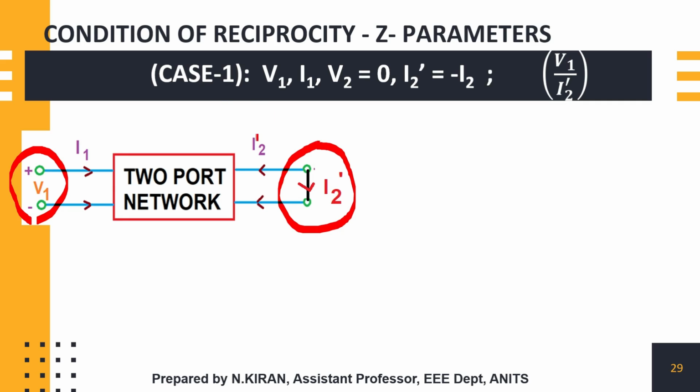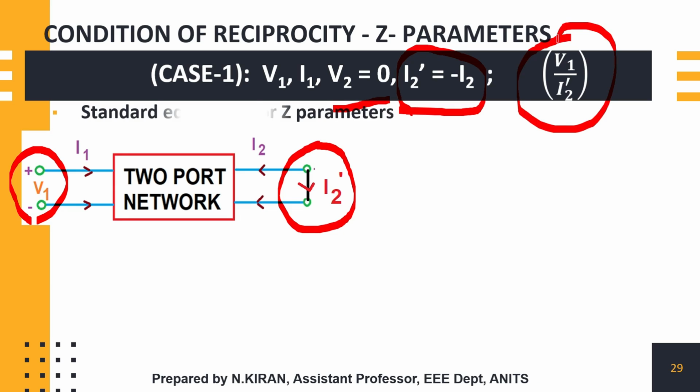As you can see from the direction of I2 and I2 dash, both are opposite to each other. Hence the condition I2 is equal to minus I2 dash. Since I have short circuited port 2, V2 will become 0. The values at the input port will remain unaffected. In this condition, my aim is to find the ratio V1 by I2 dash.